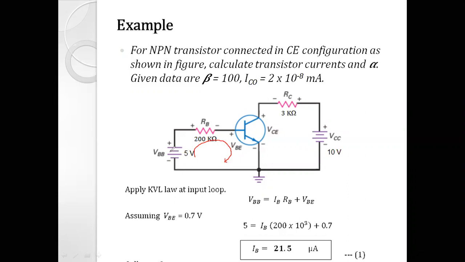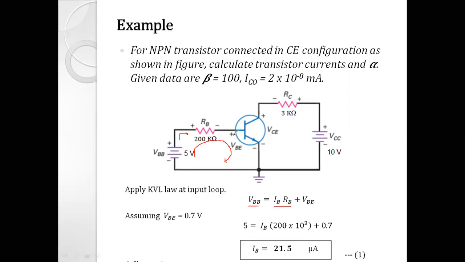So starting from the supply, the first term is VBB. Then this terminal is the base terminal, so the current flow in the base terminal is IB. When IB passes through this resistor RB, the voltage drop across RB is IB into RB, and the voltage drop between the base and emitter terminal is VBE.